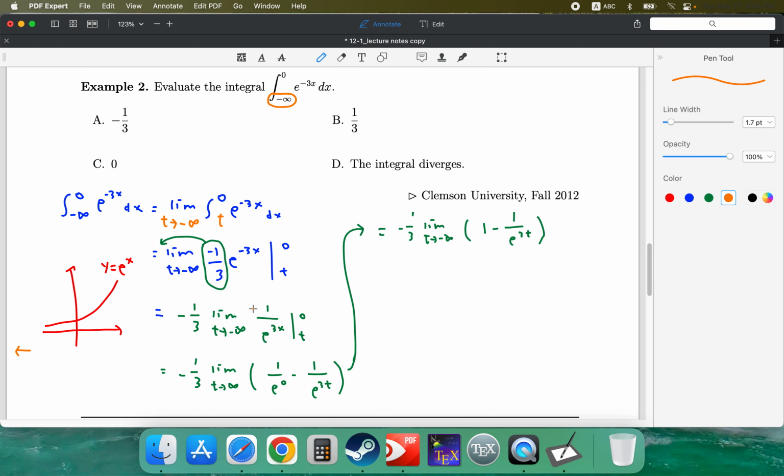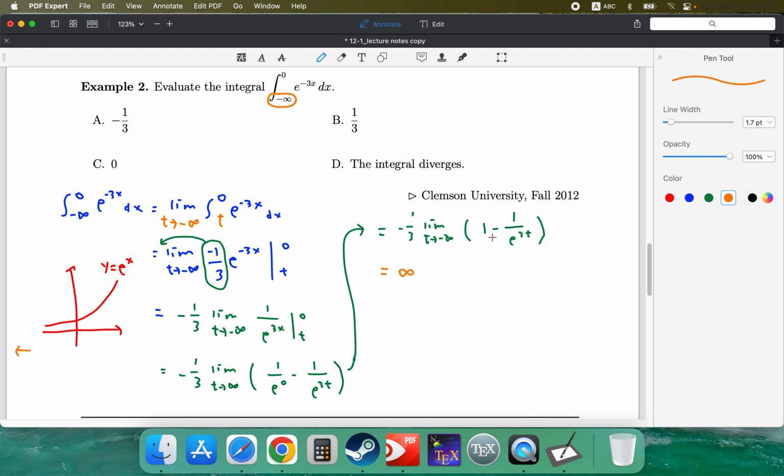Of course, the example I was talking about is not small enough. You will need to find an even smaller number right here. So that means 1 over e to the 3t will be even larger, so you can think of this as infinity. And 1 minus infinity is negative infinity. And negative infinity multiplied by negative 1/3 will be infinity. So right here you have infinity.